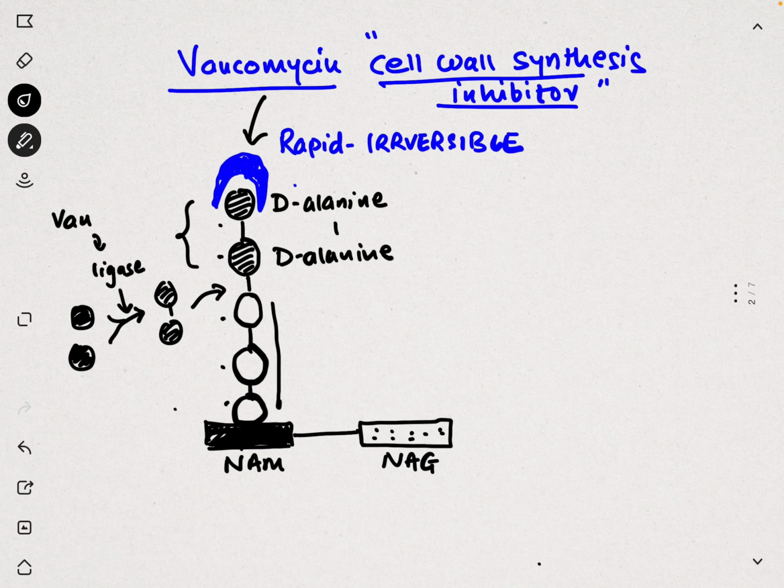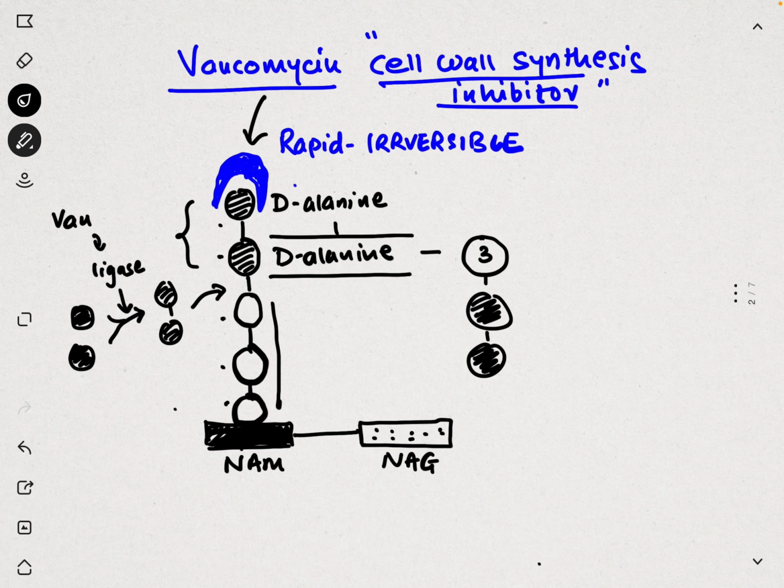Now what happens is that this pentapeptide side chain is very crucial, especially this fourth amino acid, which is D-alanine, because it will bind to the third amino acid of the next chain.